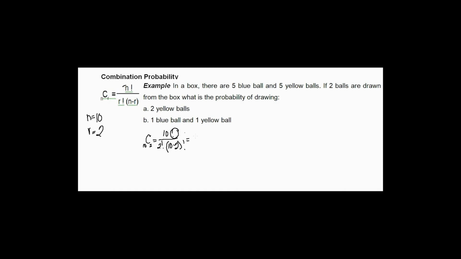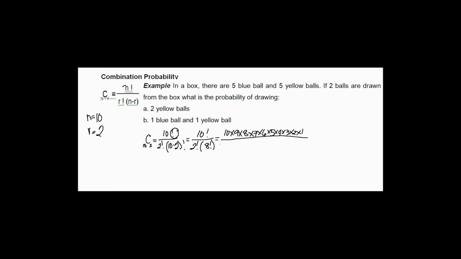Now for 10 factorial divided by 2 factorial, and 10 minus 2 would be 8 factorial, we convert 10 factorial into 10 times 9 times 8 times 7 times 6 times 5 times 4 times 3 times 2 times 1.